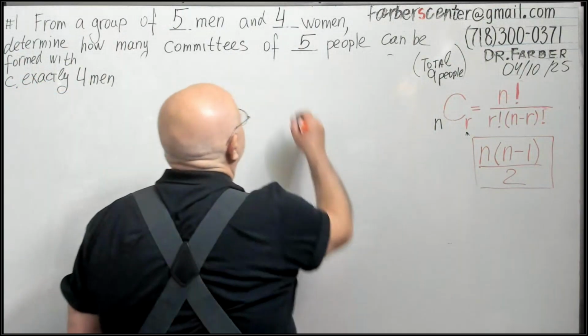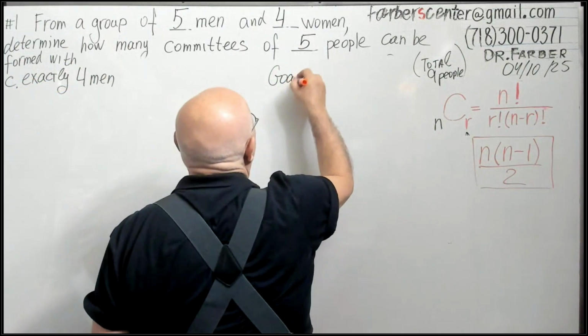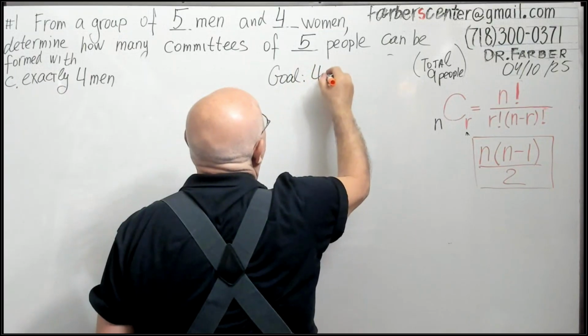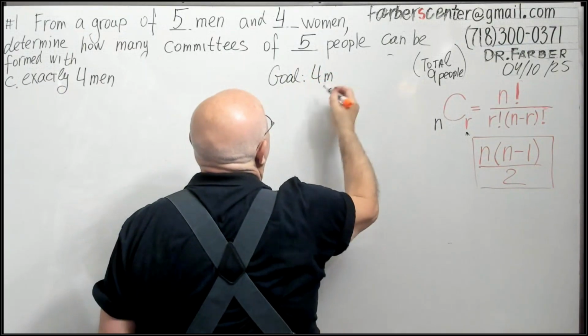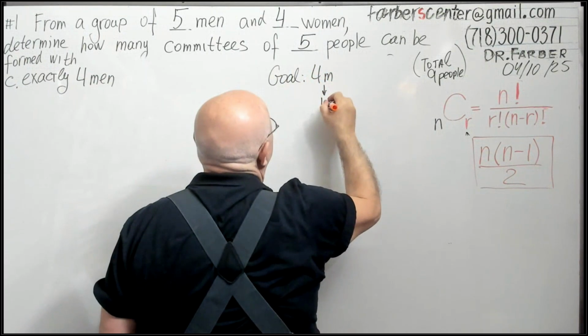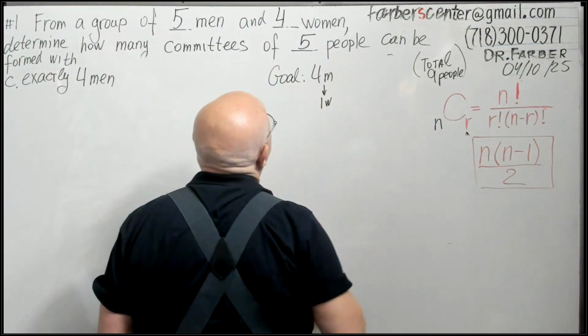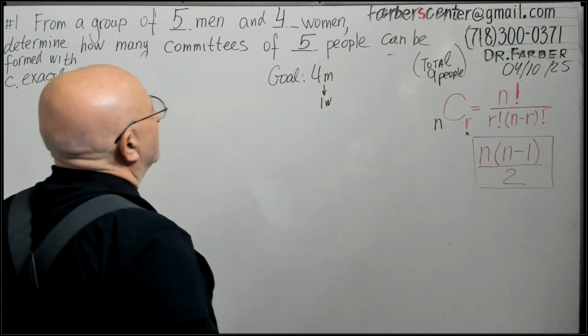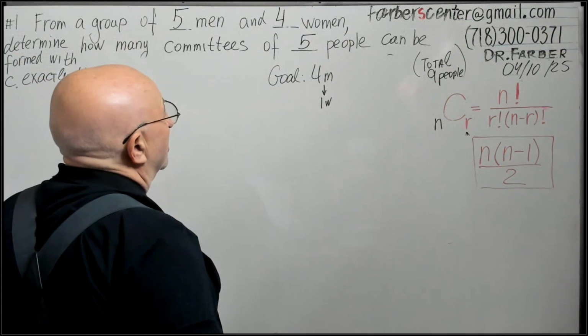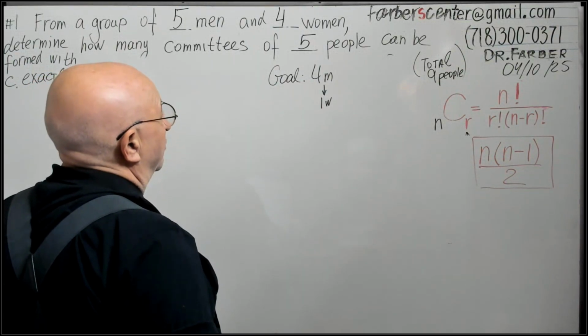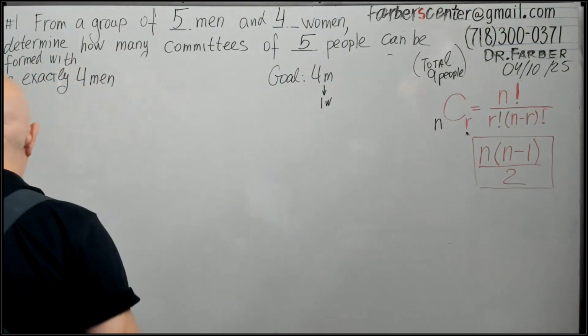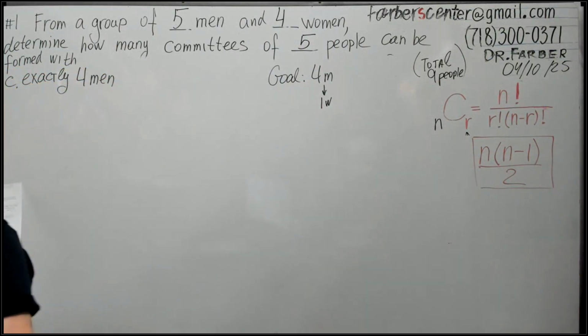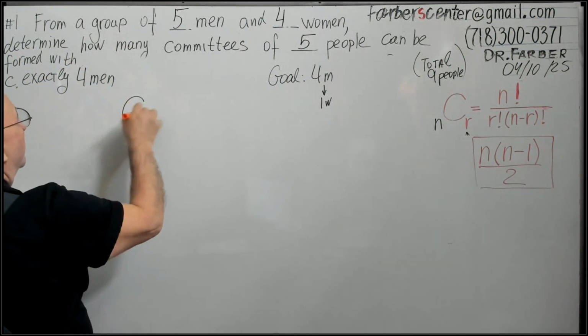If my goal is to have 4 men, I assume it's supposed to be 1 woman. So far, so good. It means I have to have exactly 4 men and 1 woman. That's my goal. Now do it like before.